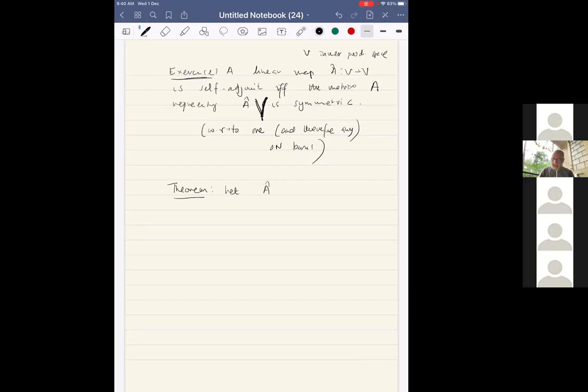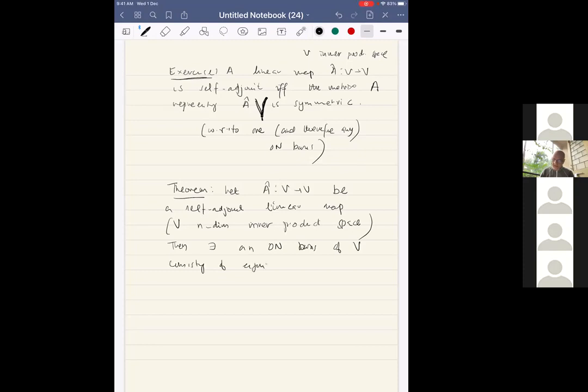Let A hat, V to V, be a self-adjoint linear map. V is an n-dimensional inner product space. Then there exists an orthonormal basis of V consisting of eigenvectors of A hat.